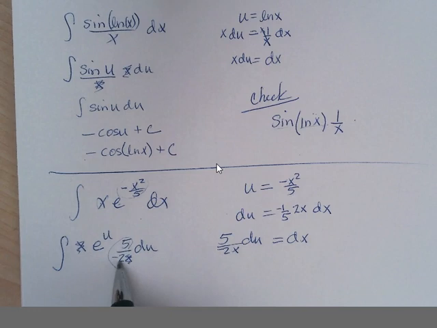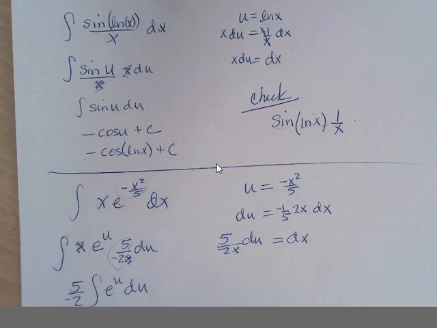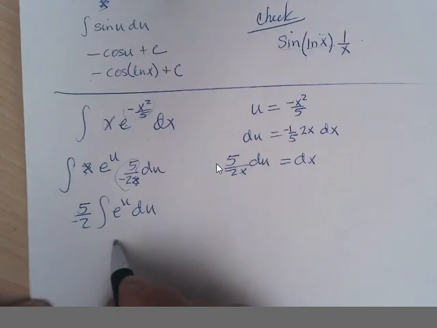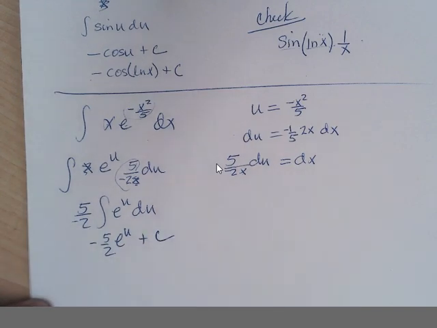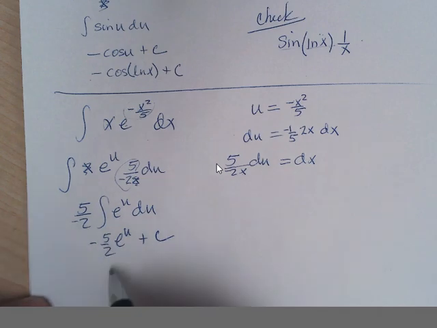This is a constant, that's times stuff, so it pulls out. 5 over negative 2 integral of e to the u du. We know that is e to the u times negative 5 halves plus c. But getting back to x's, it's negative 5 halves e to the negative x squared over 5 plus c.